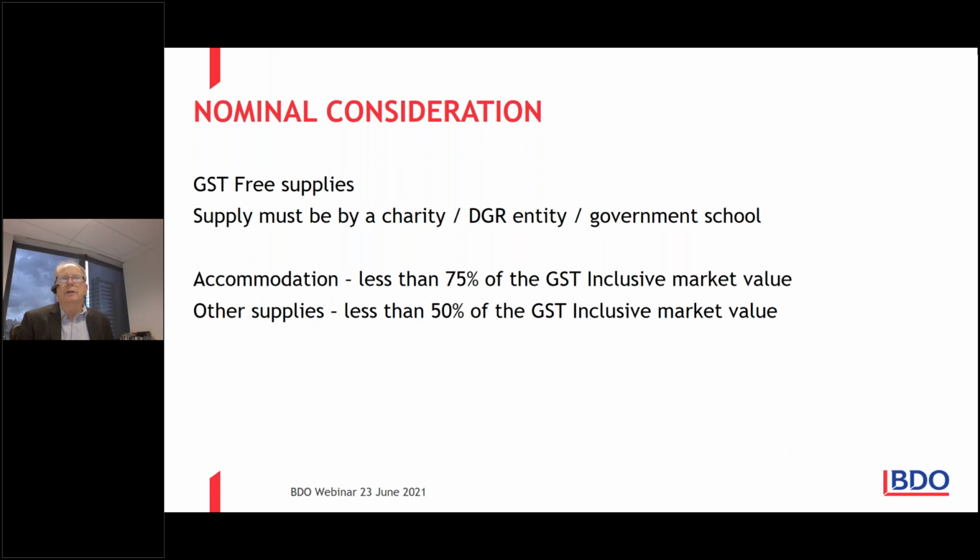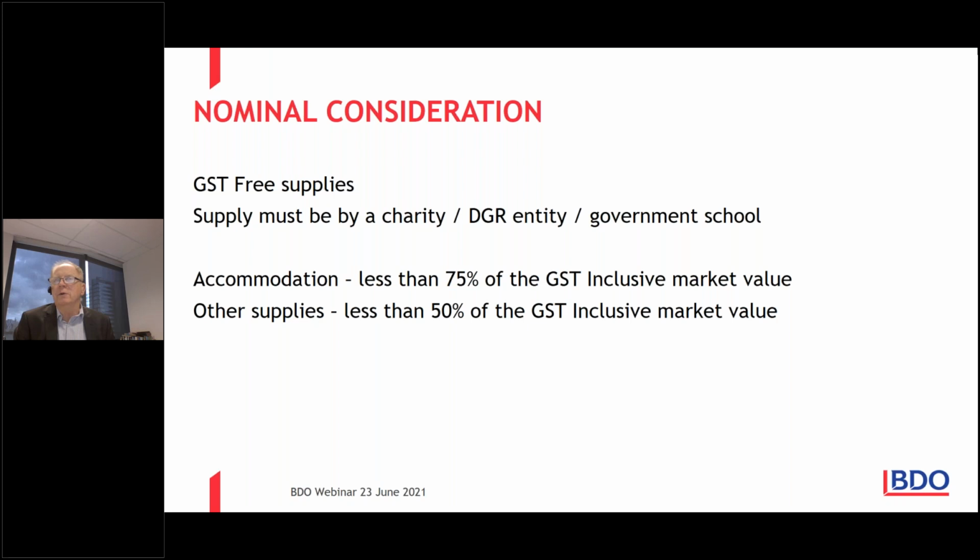So for accommodation, in order to qualify for this GST-free concession, the rent must be less than 75% of the GST inclusive market value. Less than 75% of the GST inclusive market rental. So you need to be able to demonstrate what that market value is, and the fact that you are constantly staying below the 75.